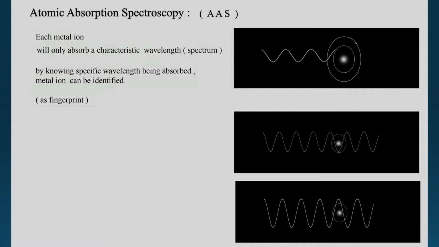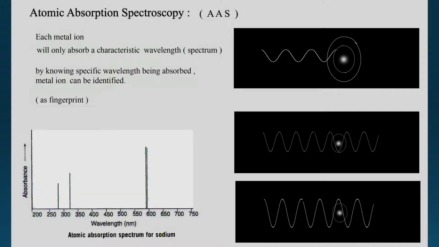B wavelength frequency will only be absorbed by B metal. C wavelength frequency will only be absorbed by C metal. So if you know that frequency being absorbed, you know it must be that metal. So we call it like a fingerprint. Because that wave frequency is absorbed, it must refer to the same metal.